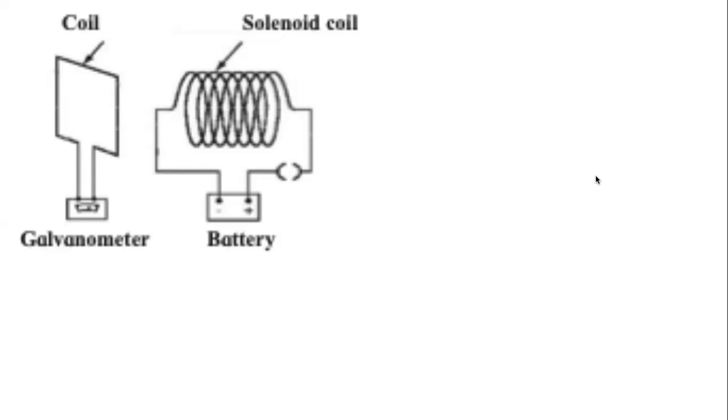What we saw in this experiment was, if we switched the power on, the switch that is there for the solenoid coil, then the needle of the galvanometer deflected. When we switch it off, then also the needle of the galvanometer deflected. That means when the current started, when the current stopped, that means when the magnetic field was produced and when the magnetic field was stopped, electric current was induced in the coil.